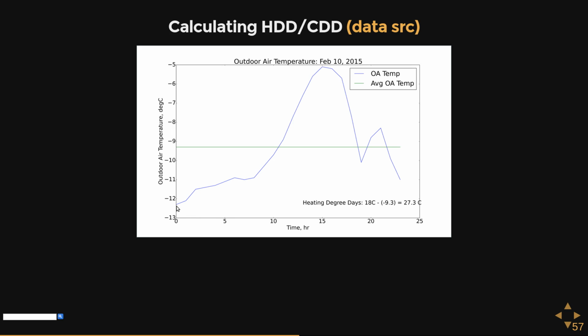The temperature started at a little below minus 12, peaked around minus 5, and if you took the average temperature during that day, you would find that it was minus 9.3 Celsius. So the heating degree days for this day was 18 minus minus 9, or 27 heating degree days.